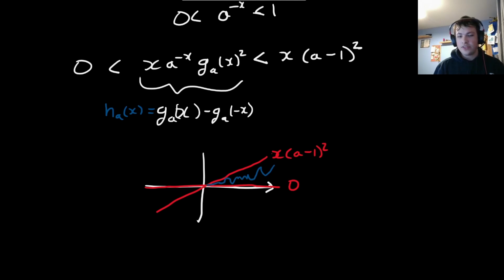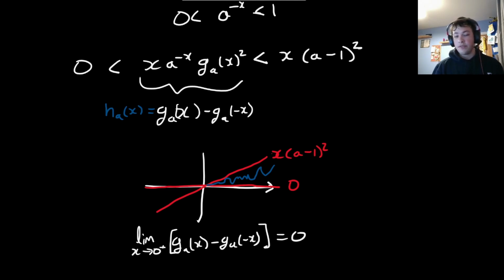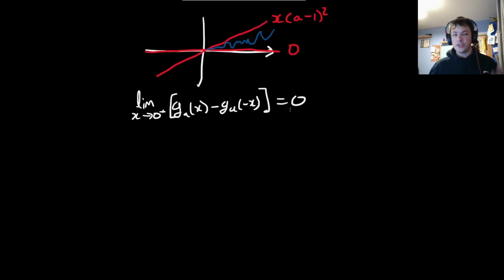It can't escape, and so it's driven to meet at 0 where these two things meet. And so that means that the limit as x goes to 0 of GA of x minus GA of minus x, this is from above, is equal to 0.